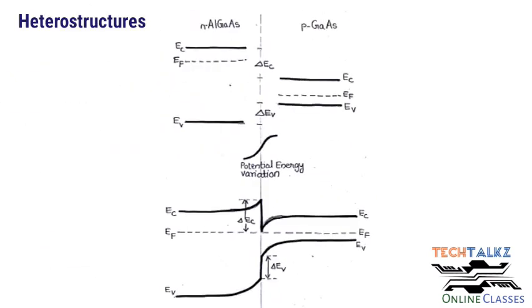So here is the energy band diagram of N-type AlGaAs and P-type GaAs, gallium arsenide. Here I have taken P-type GaAs. You can also select intrinsic GaAs instead of P-type GaAs. Okay. You can also practice by drawing the energy band diagram of P-type AlGaAs and N-type gallium arsenide heterostructures.